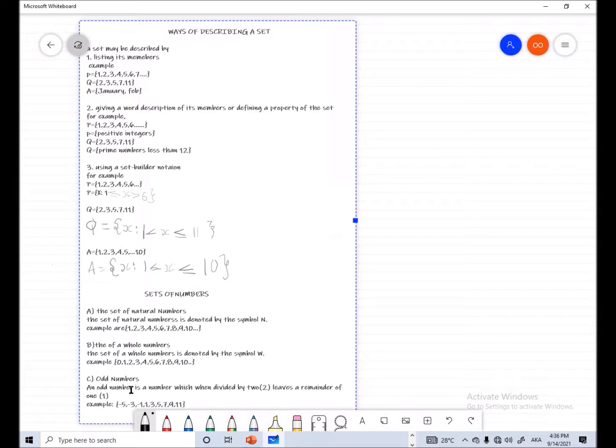We can mention and mention and mention, because they can all be divided by 2 with remainder 1. So any number divided by 2 leaving a remainder of 1 is an odd number.